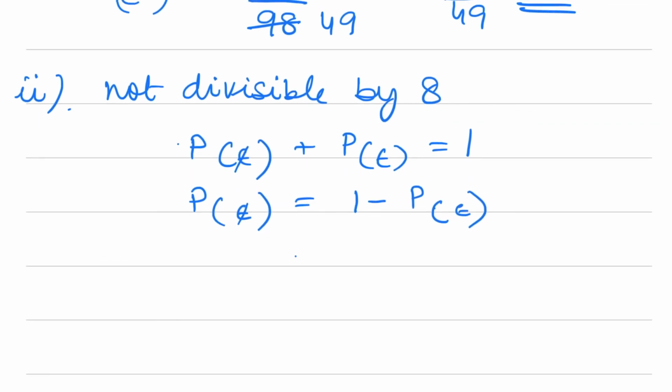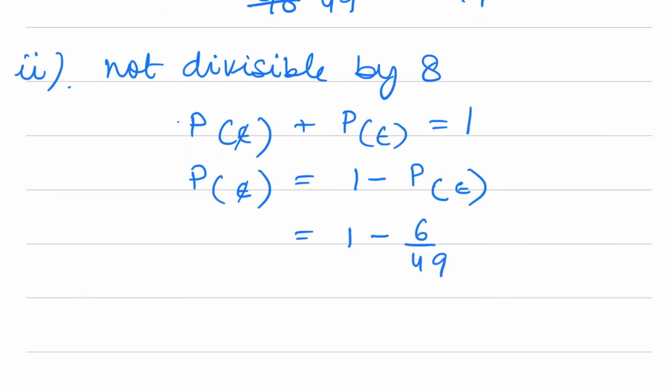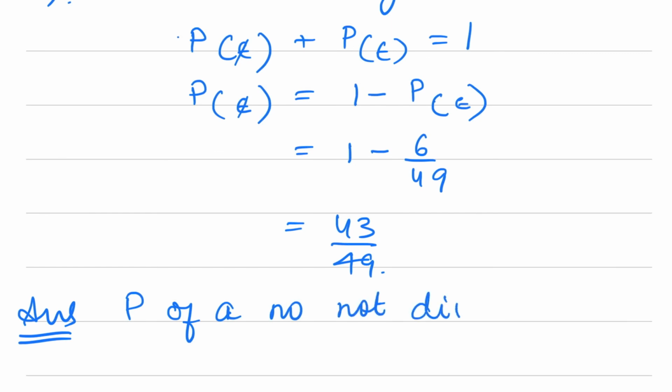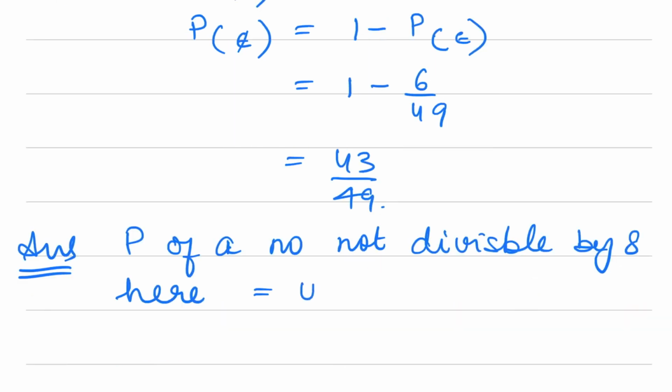So I can write down this is equal to 1 minus 6 by 49. So this would be equal to 49 minus 6, so 43 by 49. So answer we can write down as probability of a number not divisible by 8 here is 43 by 49.